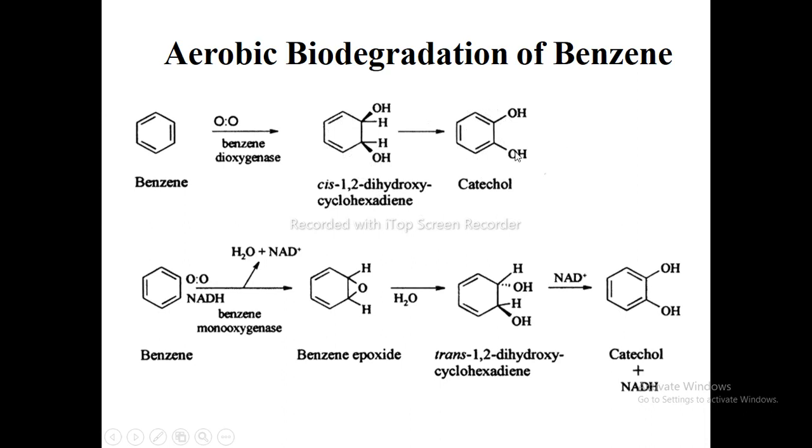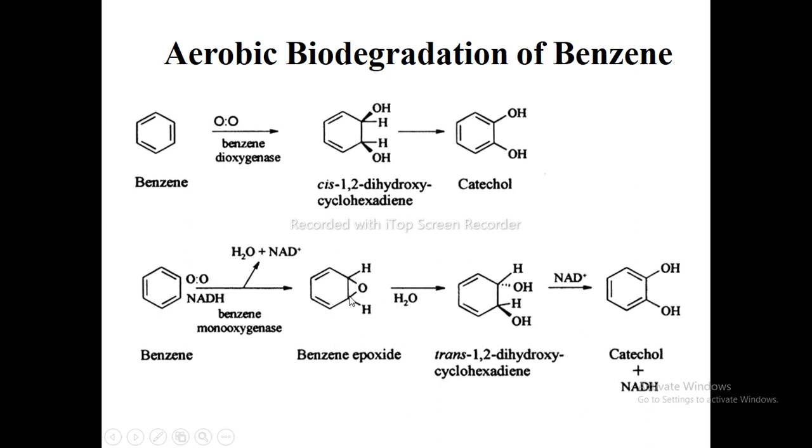It's again an aromatic compound, but with a higher number of oxygen atoms. Now another pathway is that formation of an epoxide will occur with the help of another oxygenase. It is benzene dioxygenase, and this is benzene monooxygenase. So with the help of monooxygenase, an intermediate is formed, that is benzene epoxide.